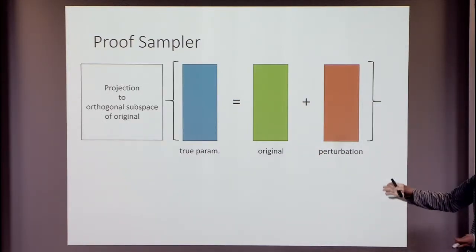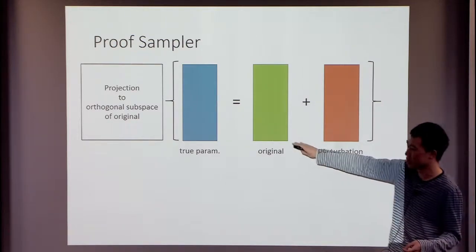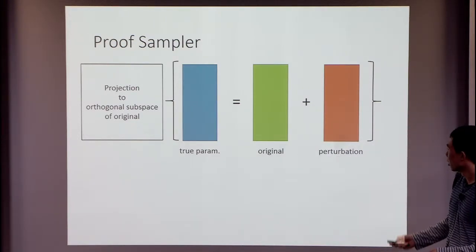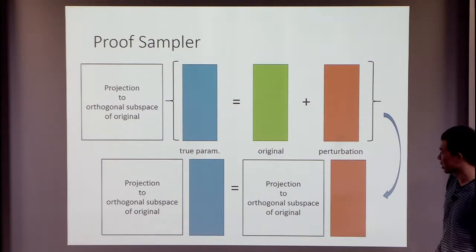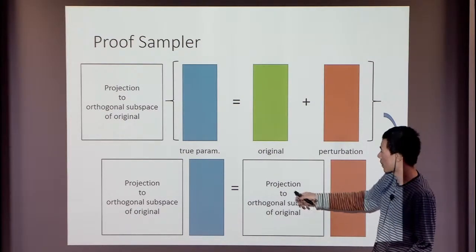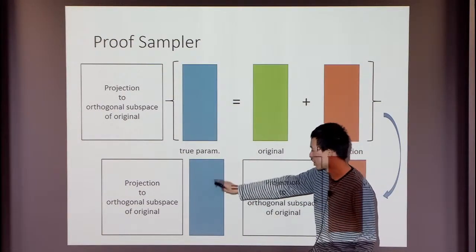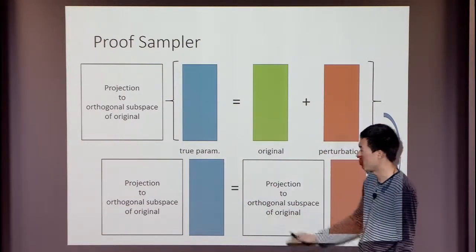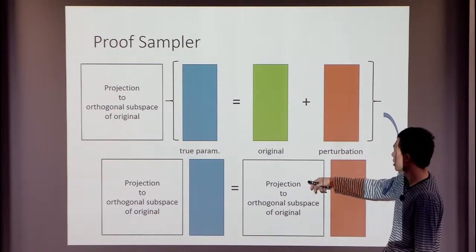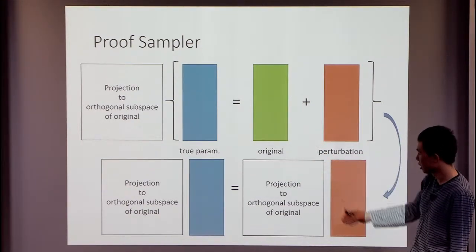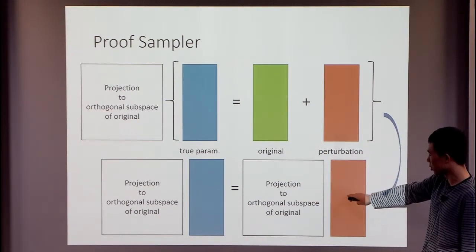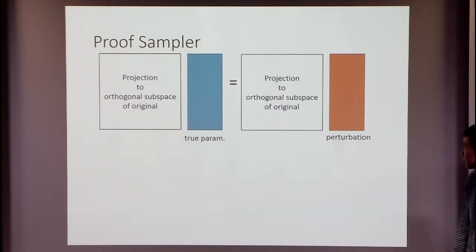To do that, I just project to the orthogonal subspace of the column span. Again, because I just looked at a projection, the smallest singular value can only decrease. So as long as I can show this is good, I'm okay. But after this projection, the original disappears. So the projection is really equal to the projection of a random matrix.